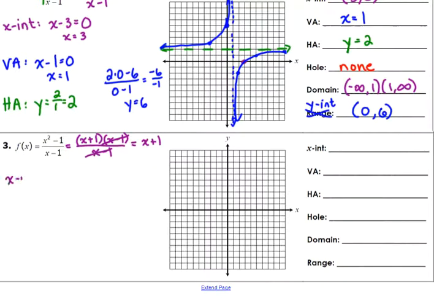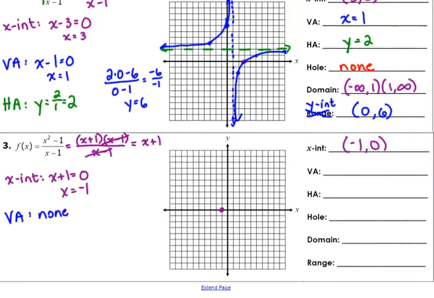All right, x-intercept. Set the numerator equal to 0. Well, technically it's not a fraction anymore, so it's just the function equal to 0. So our x-intercept is negative 1. Vertical asymptote, set the denominator equal to 0. We don't have a denominator anymore.